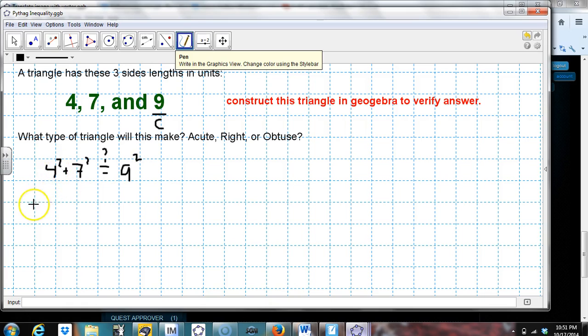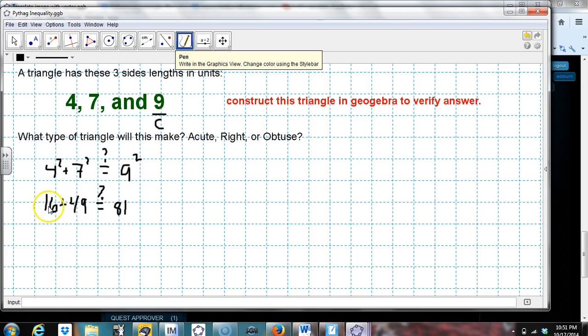So 4 squared, 4 times 4 is 16, plus 7 squared, which is 49. Okay, does that equal 9 squared, which is 81? Okay, I don't think it's going to.